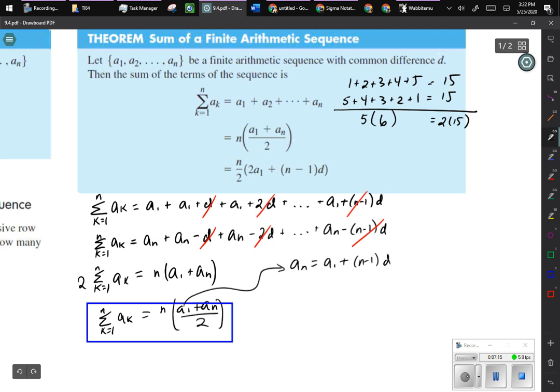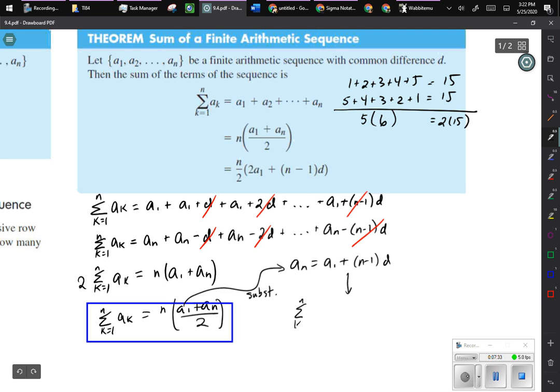If you just substitute that in for a sub n, so you're going to do a substitution, and then you pull the 2. So instead of saying it's a sub 1 plus a sub n divided by 2, they just write n over 2.